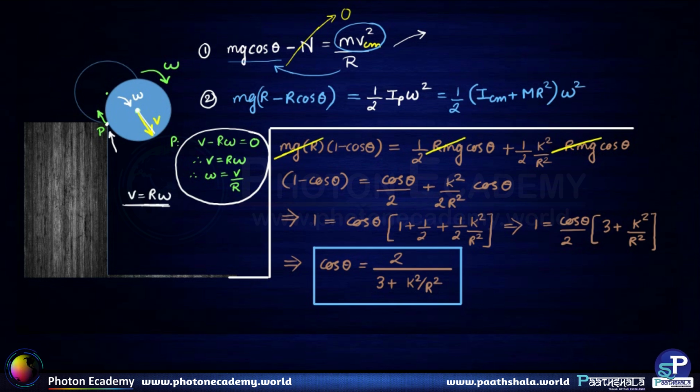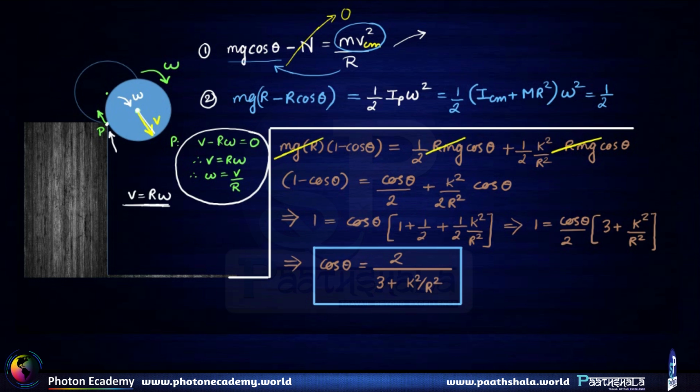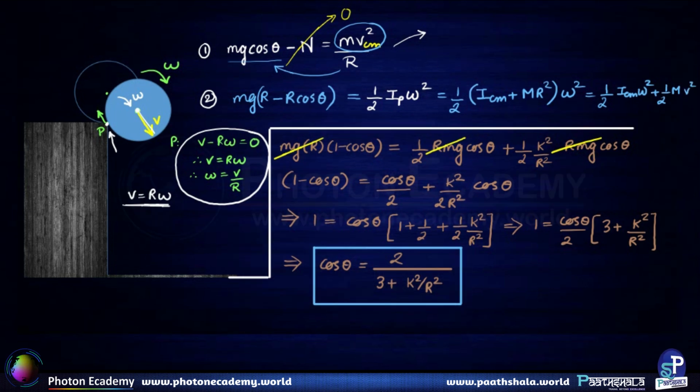Now if we analyze this properly, then we are getting back the original expression of energy. So energy is the same, even if it is calculated about the point P or calculated vis-a-vis the center of mass. So we'll get half I_CM omega square plus half m r square omega square, but r square omega square can be replaced with v square because of this expression, v being equal to r omega.